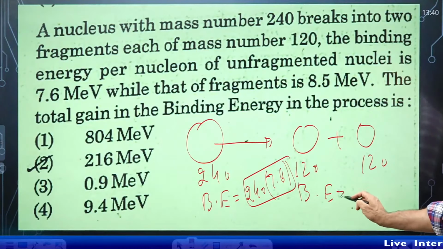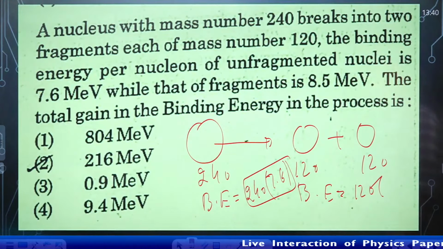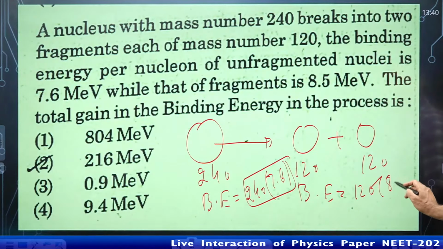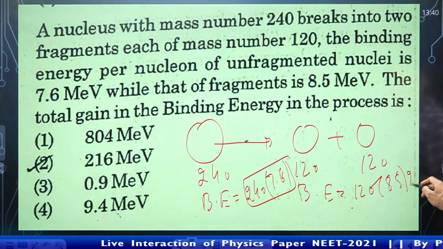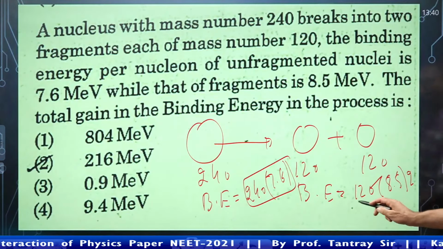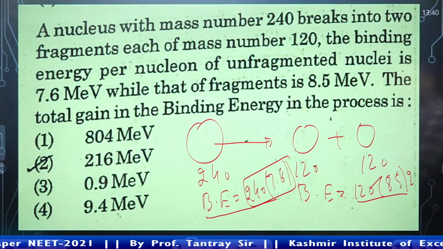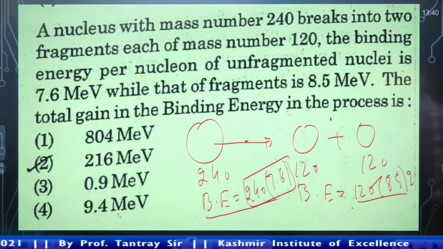What is binding energy per nucleon of the fragments? 8.5. But you have to multiply by 120 and by 2 because there are 2 nuclei. This is the total binding energy of the fragments. This is the total binding energy of the parent nucleus. You subtract the 2 and get the answer.